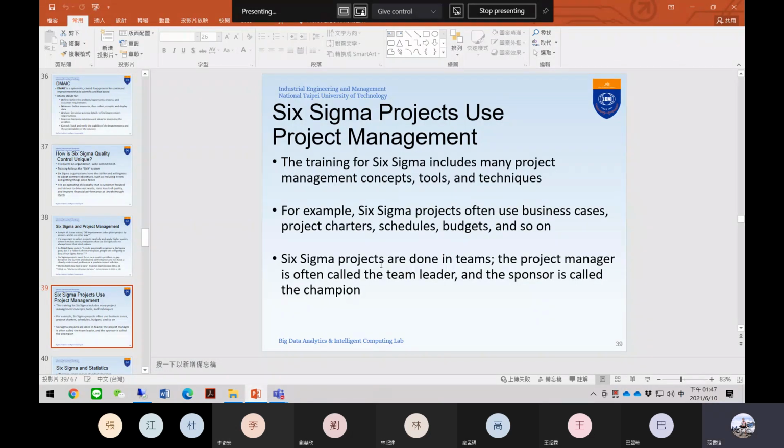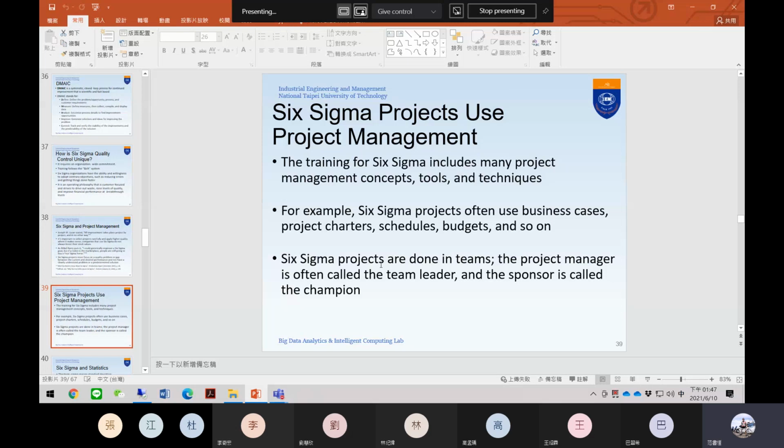So in the training, for example, Six Sigma projects often use business cases, project charters, schedules, budgets, and so on and so forth. That's all the evidence base or financial basis.